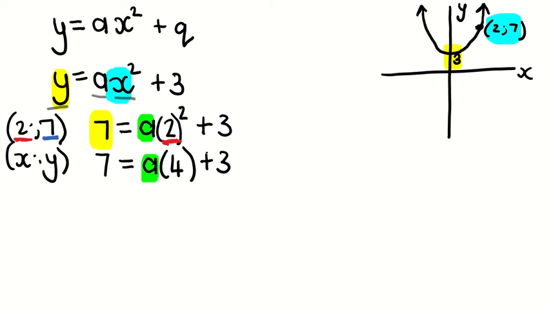So we take the plus 3, take it to the other side. So it's now 7 minus 3. And a times 4 is 4a. What's 7 minus 3? 4 equals 4a. So because it multiplies with the a, the 4, we divide on the other side. So what's a going to be equal to?